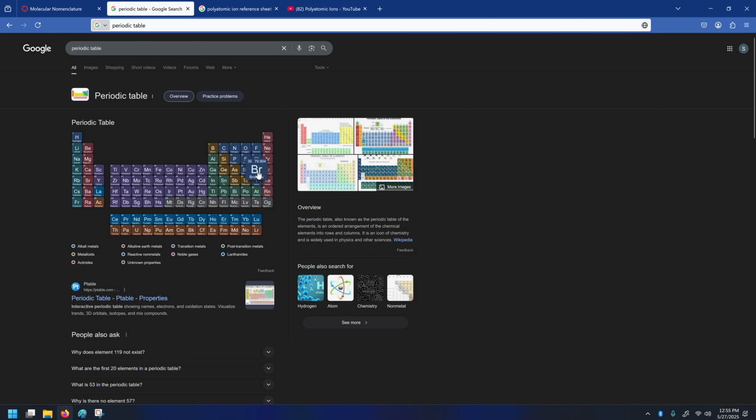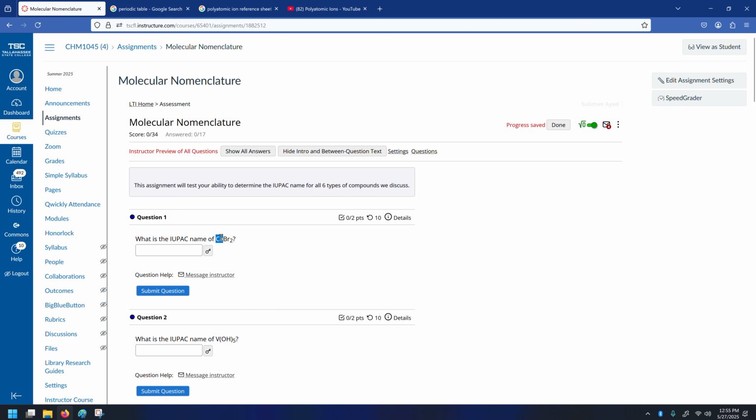Bromine is a nonmetal. Combinations of metals and nonmetals make ionic compounds. Ionic compounds have different rules than molecular compounds and different rules from acids. So identifying that it's an ionic compound tells us which set of rules we're going to use.